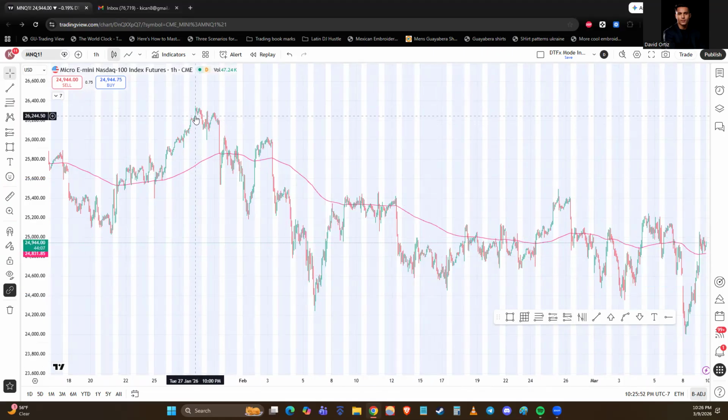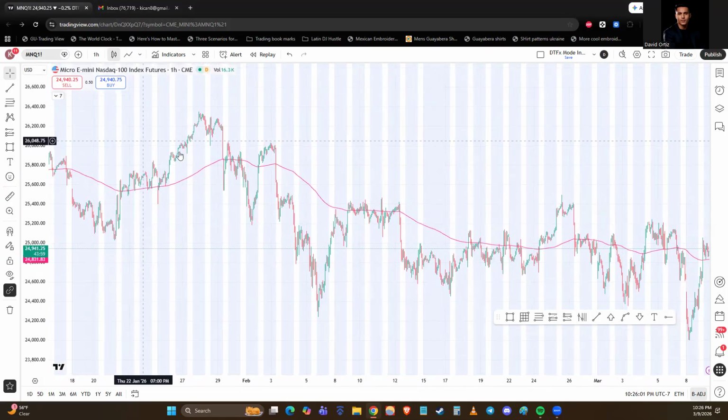And what we're doing is we're drawing boxes around swing points. Swing points are basically legs down. You see this leg down right here? There's one, there's another one, here's another one. So I'm going to draw boxes around them. These are called swings.